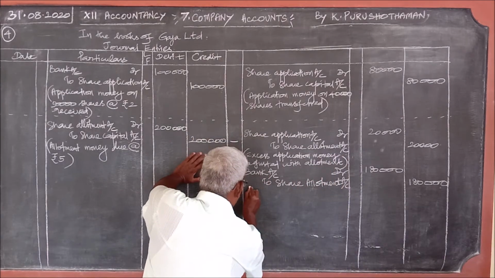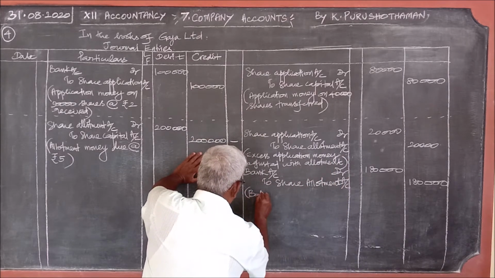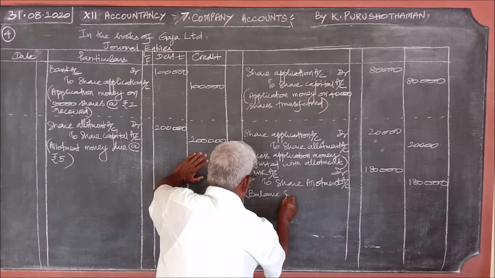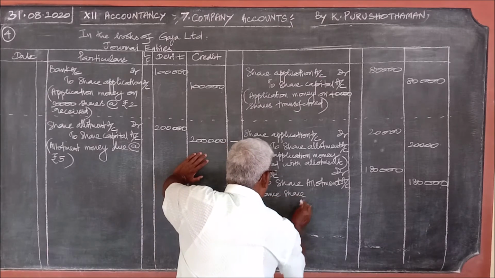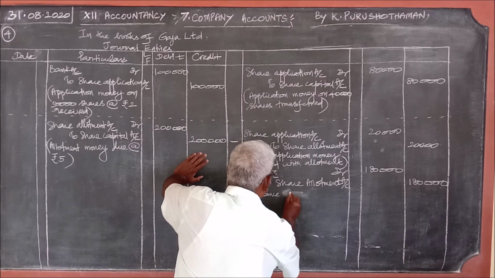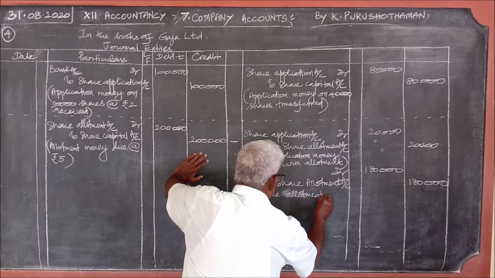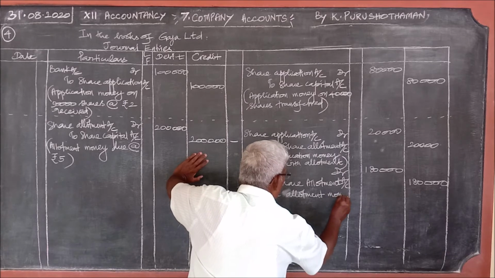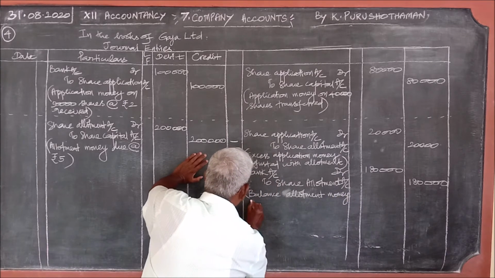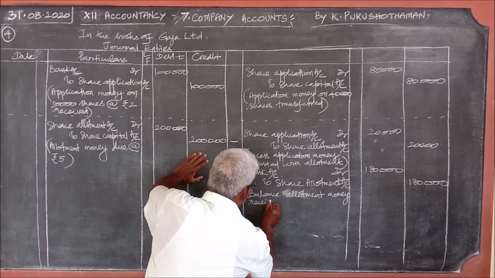Here, bank account debtor to share allotment account, balance allotment money. Balance allotment money received.